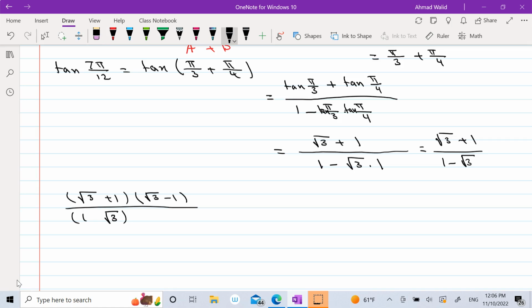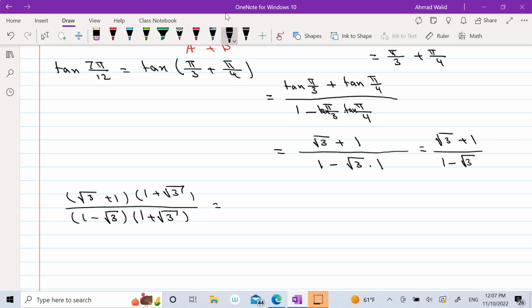I'll bring a little change here. What is the conjugate of your denominator? Your conjugate of the denominator is 1 plus radical 3, correct? I will multiply here by 1 plus radical 3 and here by 1 plus radical 3.